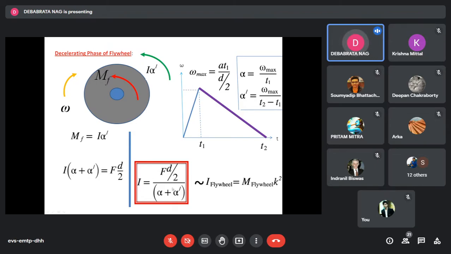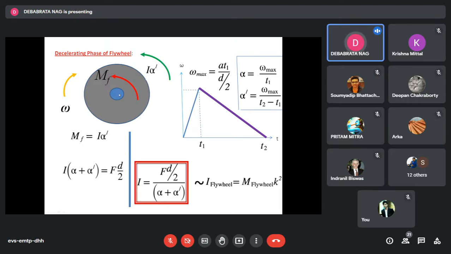So I come back to this equation. This was already known to me in our earlier slide. And I find therefore this I, which is actually the I of the entire system. But since the mass of the shaft is less compared to the mass of the flywheel, number one. Number two, the radial distribution of the masses of the shaft is quite less than that of the flywheel.